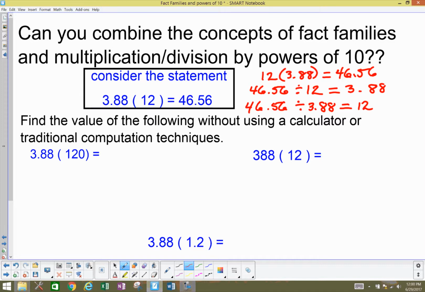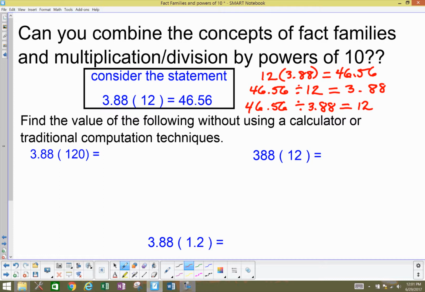But when I take a look at these problems at the bottom, I am no longer looking at just those facts. Parts of our statement have changed by a power of 10. That means I can use my multiplication and division by power of 10 in combination with my fact families.